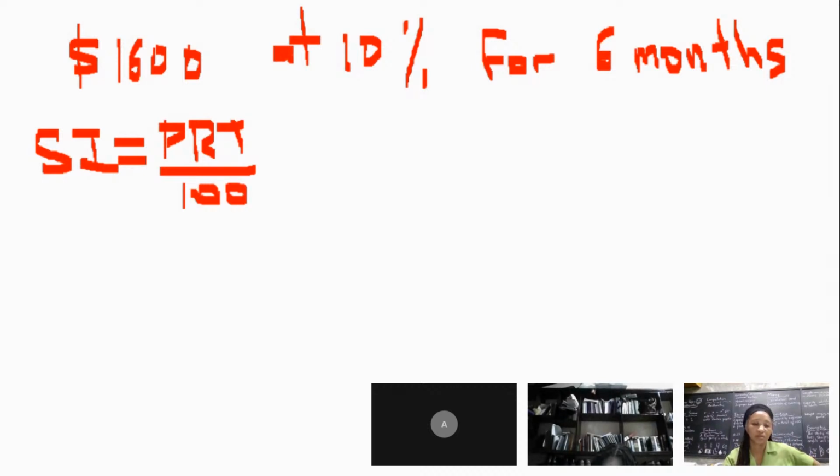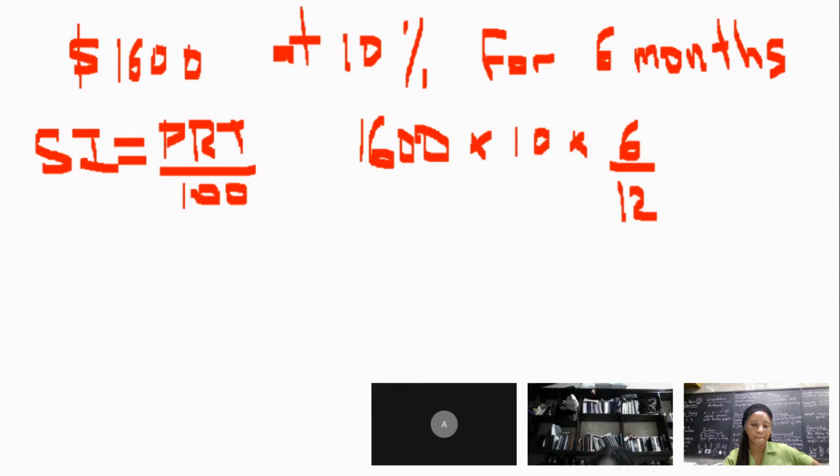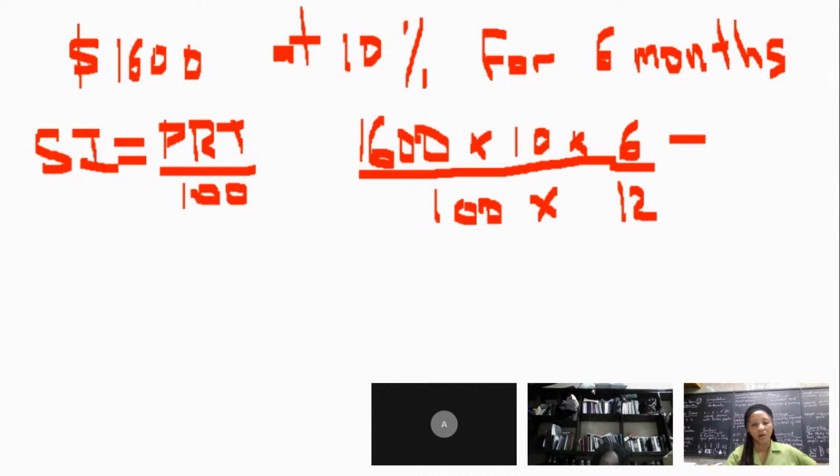Miss, we'll find the principal, which is 1,600, times 10 times 6 over 12, over 100. All right, so we can put the 100 down there, right? Yes. Okay, so what would that be?